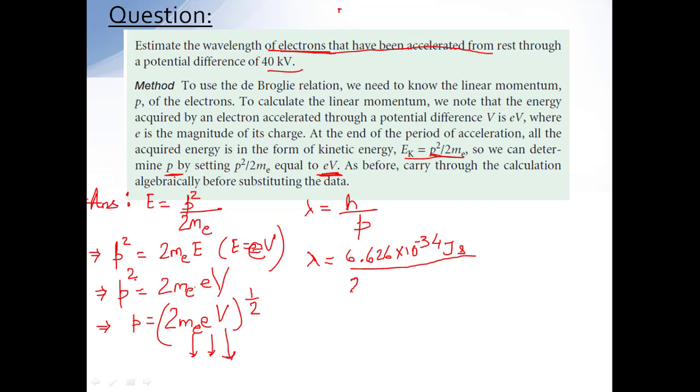P will become what? 2 into the mass of electron, 9.1 into 10 raised to minus 31 kilogram, multiplied by the charge on the electron, 1.6 into 10 raised to power minus 19 coulomb, multiplied by V, which is 40 into 10 raised to 3 volt, 40 kilovolt. See, V is given as 40 kilovolt in the question.